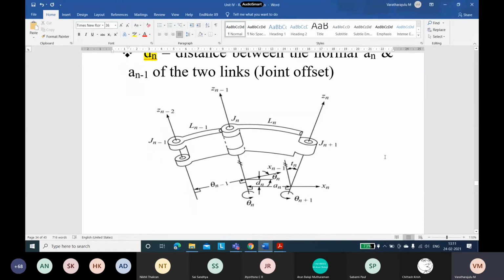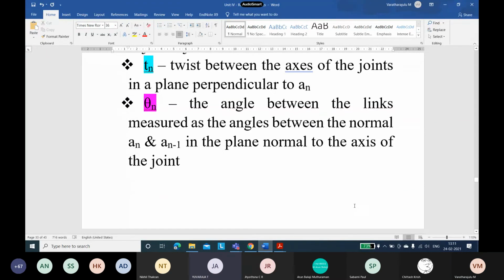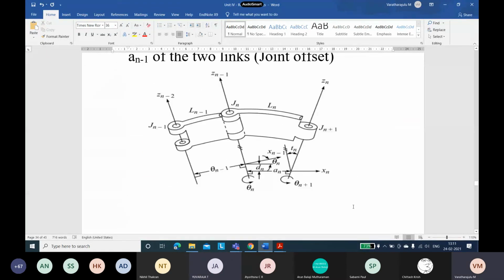Have you drawn these diagrams? Yes. One doubt, sir. Why is theta n minus 1 marked like a distance in that figure? Theta n and theta n plus 1 are rotations about the axis, right?